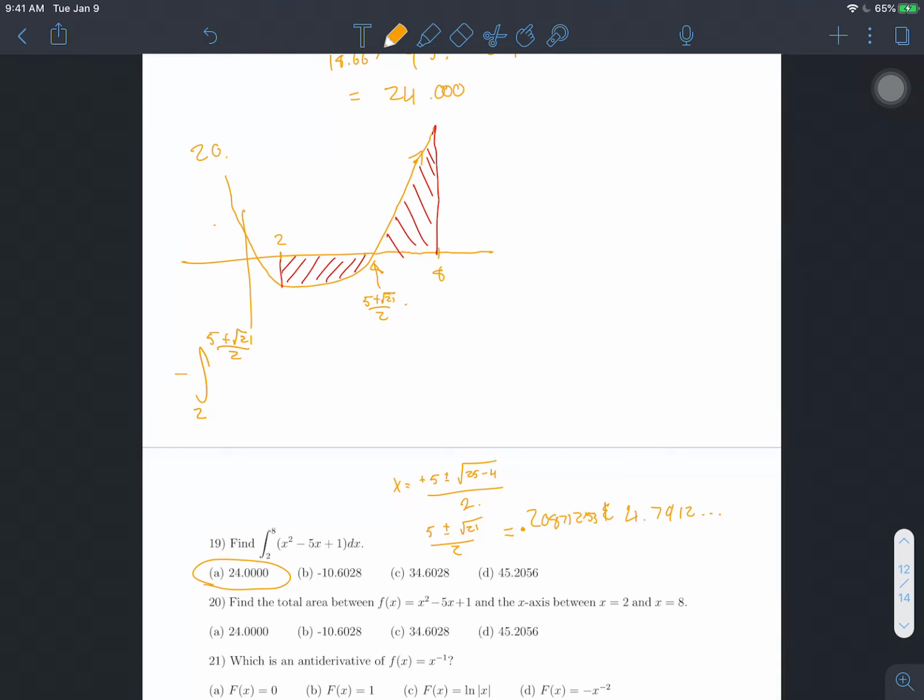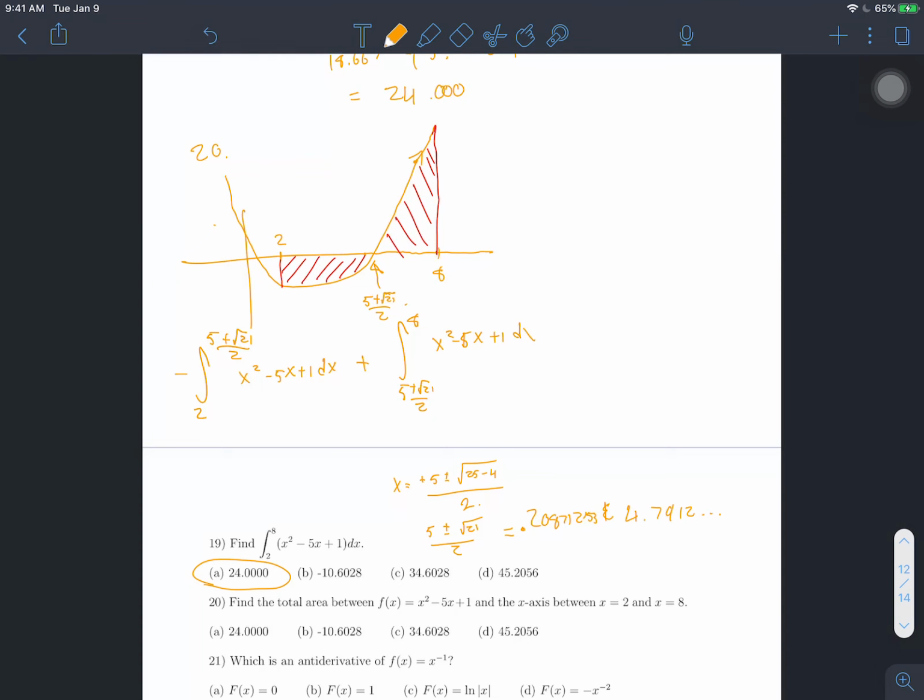So this number here, minus 5x plus 1 dx, plus, and then we should add to this the integral from 5 plus the square root of 21 all over 2 to 8 of the same thing.